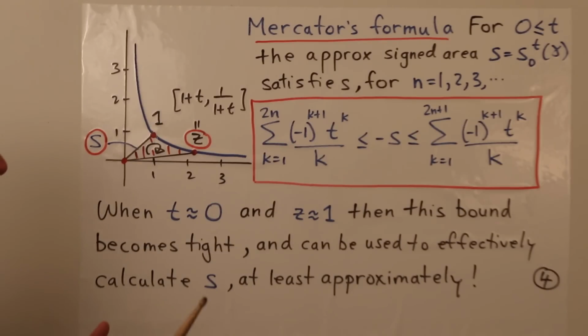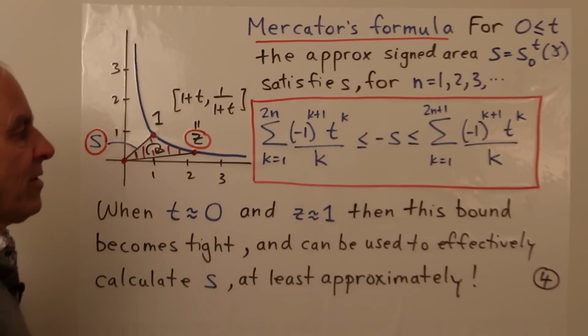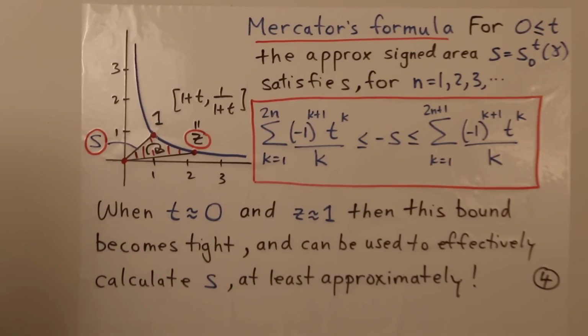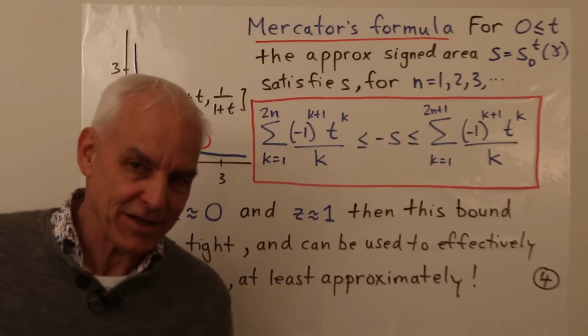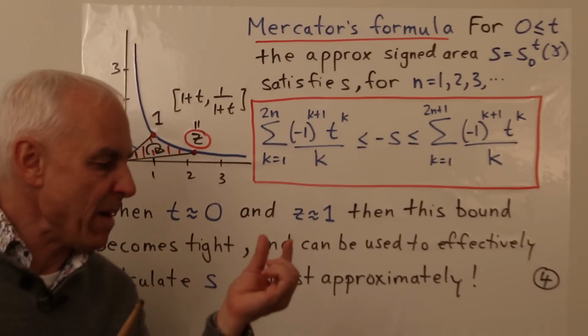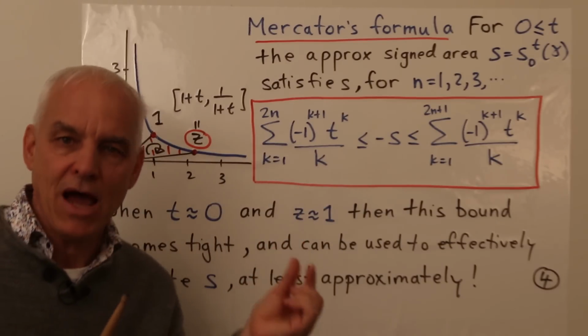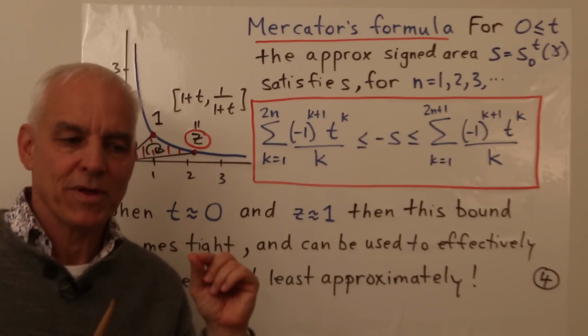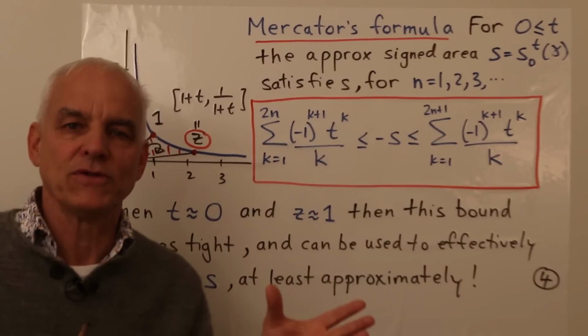It allows us to actually compute S rather effectively. Of course, we never get at S exactly. That's just an aspect of the way the world is, okay? But we get bounds which can be made quite tight. So that's very useful computationally.